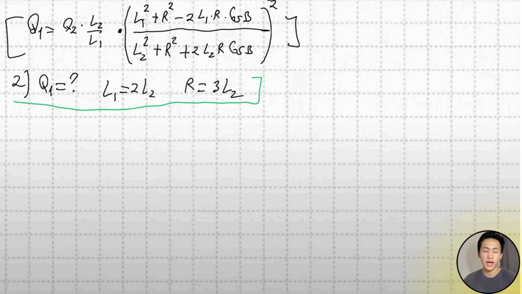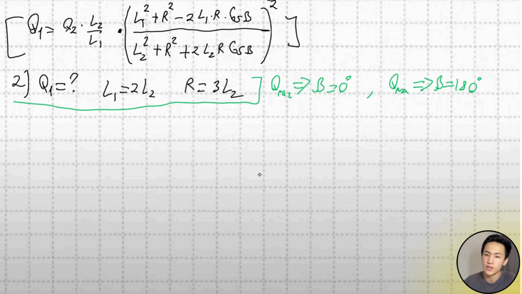According to this question, we need to find a minimum value and a maximum value of this charge. The minimum value occurs when beta is 0, and the maximum value occurs when beta is 180 degrees.